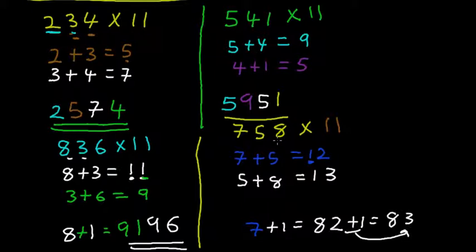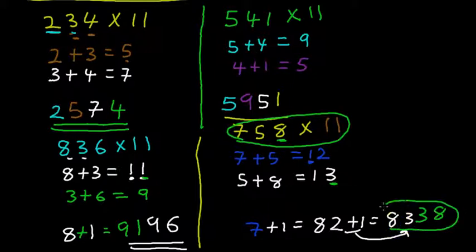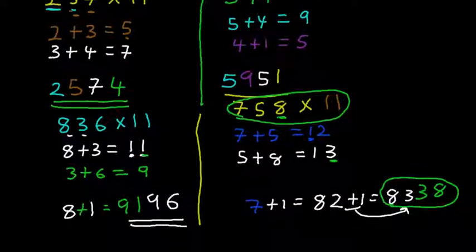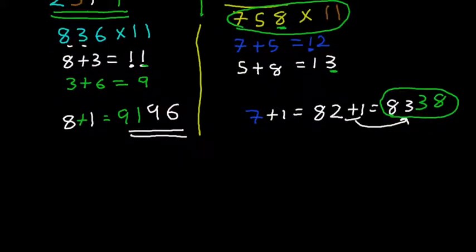Then you bring down the 3, and then you write the 8. So 758 times 11 gives you 8338. Let's try out one more example, at least the last example.